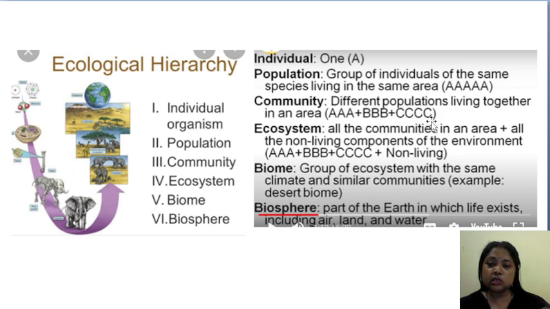Then C is the population of a third species. So when A plus B plus C, the population of the first, the second and the third, combine, it gives you the community. Okay, then ecosystem means the community, A, B, C, interacting with their non-living components. So I think you can better understand the difference between individual, population and community.